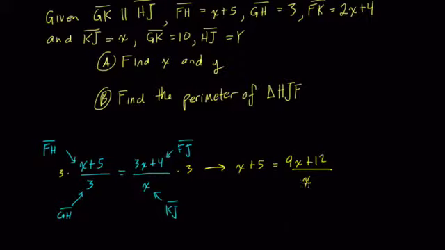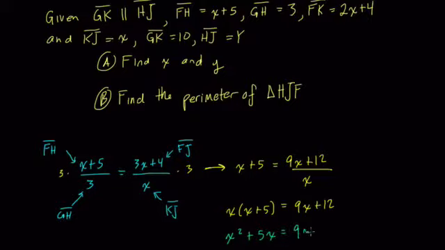Okay, well, here, multiply both sides by x, right? And we get x times x plus 5 on the left, and on the right, 9x plus 12. So we distribute our x here, we get x squared plus 5 times x equals 9x plus 12.